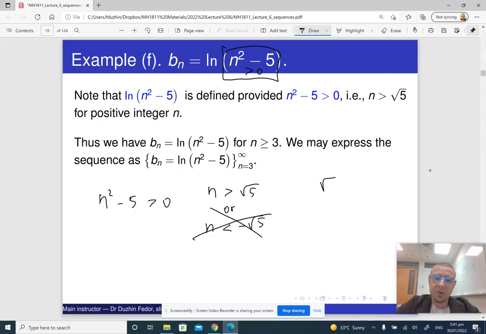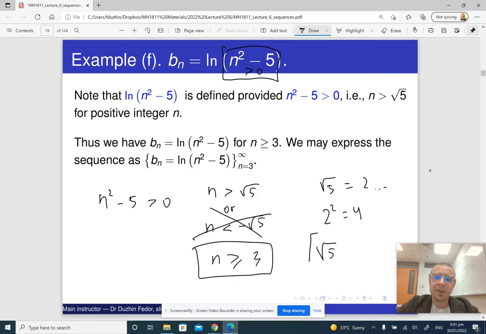And square root of 5 is 2 point something, because 2 squared is 4, so square root of 5 should be bigger than 2, but smaller than 3, since 3 squared is 9. So n starts at 3. Essentially, we take square root of 5 and then we take the ceiling function. So we take the smallest integer which is bigger than or equal to the given number.